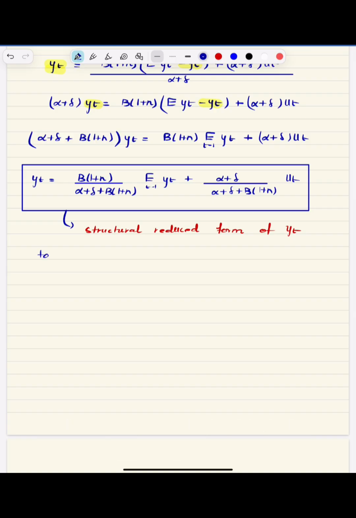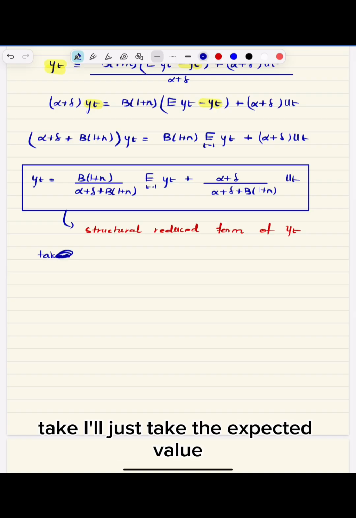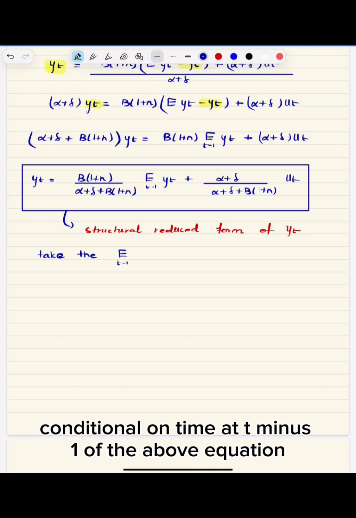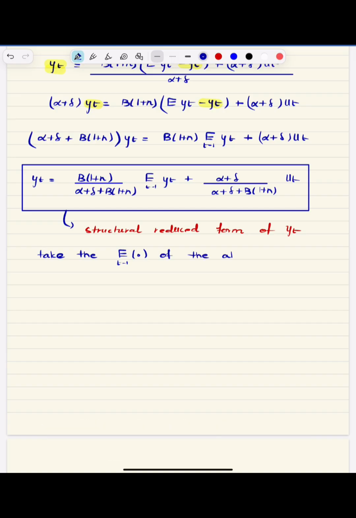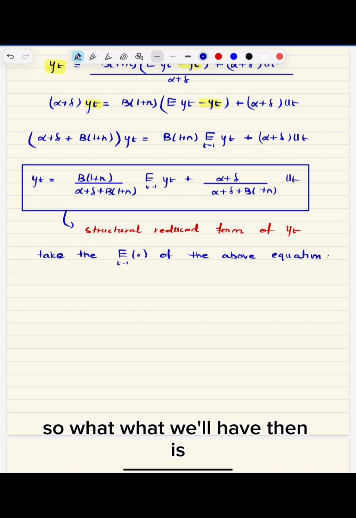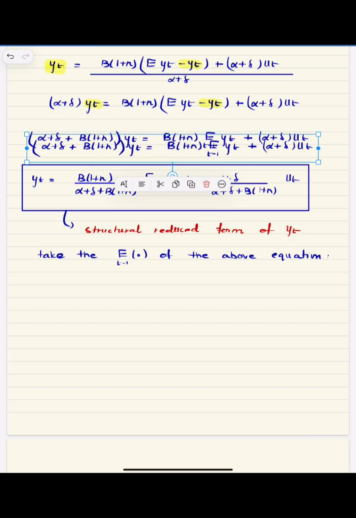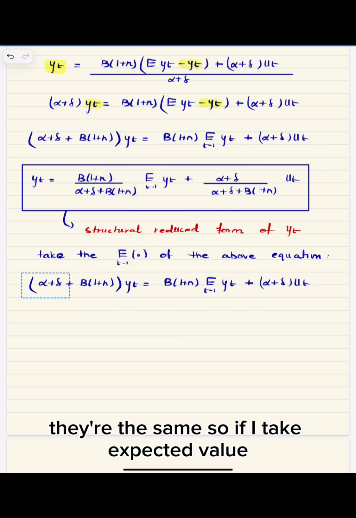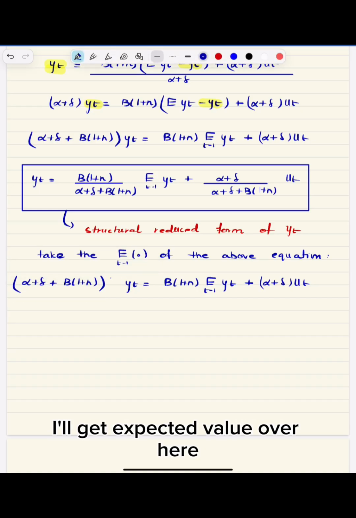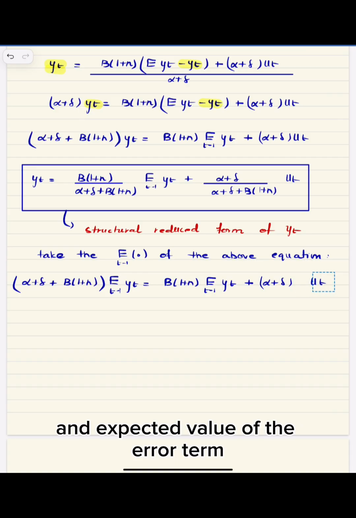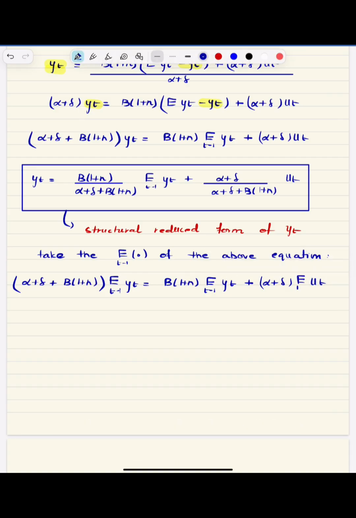taking the expected value conditional on time t minus 1 of the above equation. So what we'll have then is, if I just look at this equation, they're the same. So if I take expected value, I'll get expected value over here, and expected value of the error term, right?